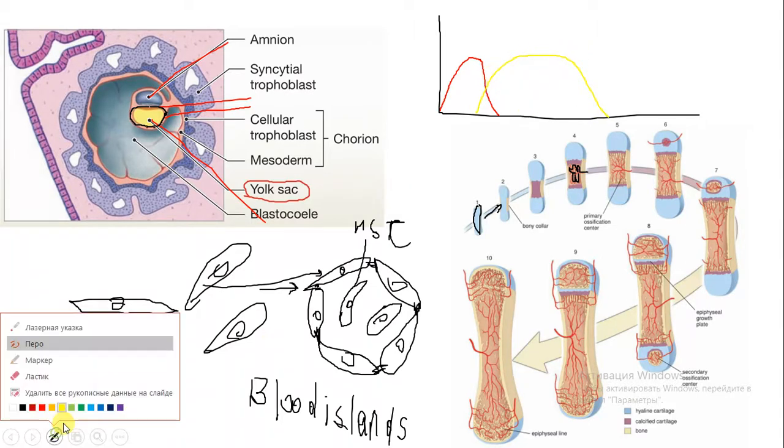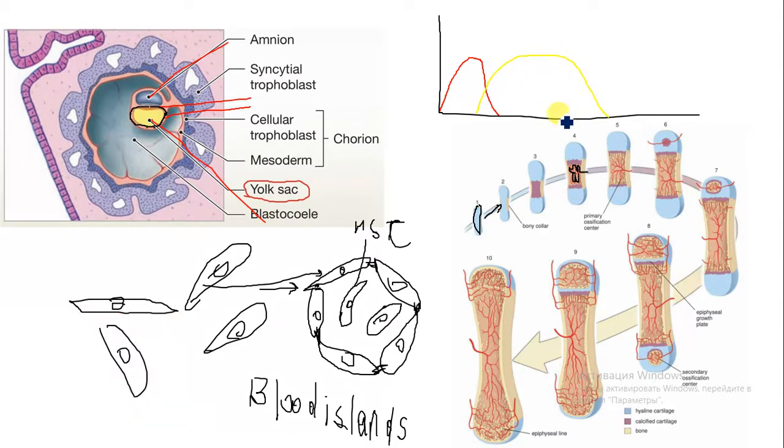And gradually, when bones appear in the body, the bone marrow phase starts. The bone marrow phase exists until the mature period after delivery and until the end of human life. So blood formation goes on in the bone marrow.